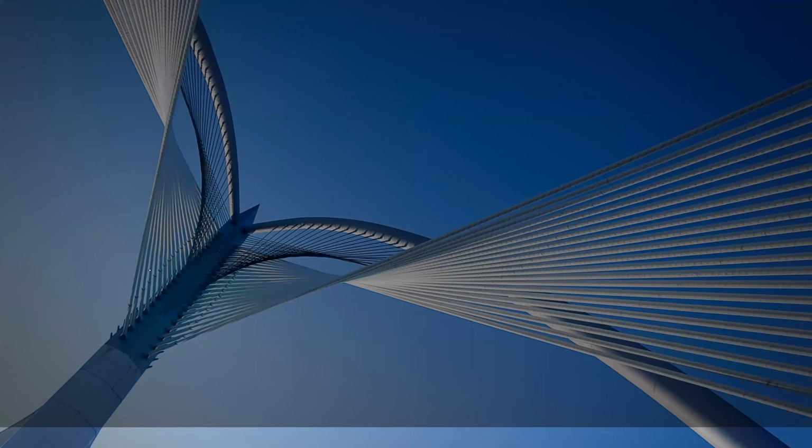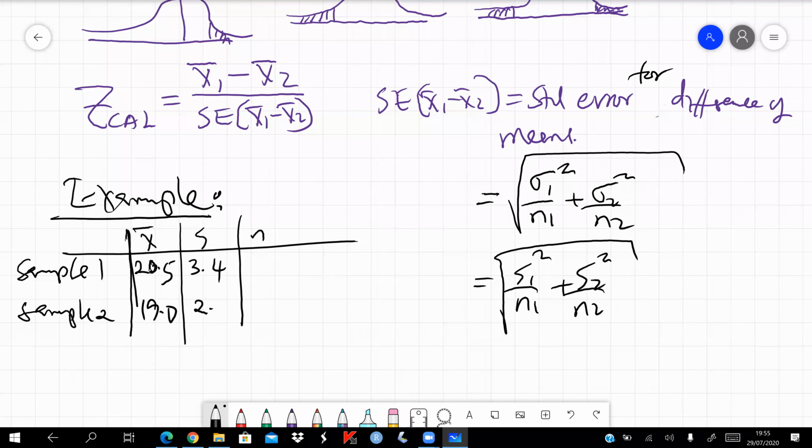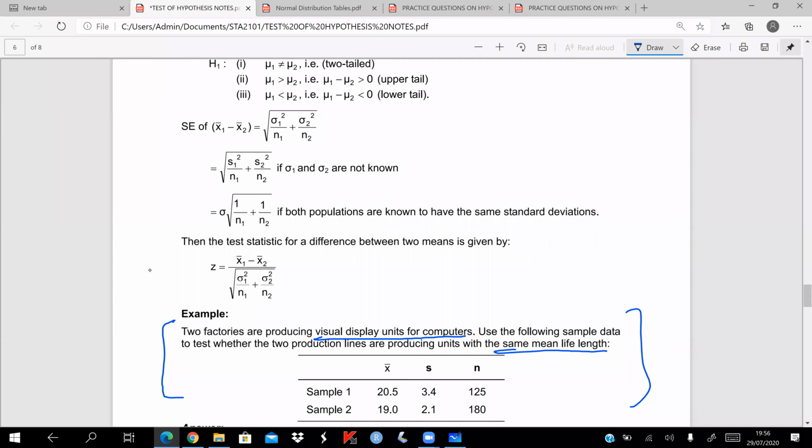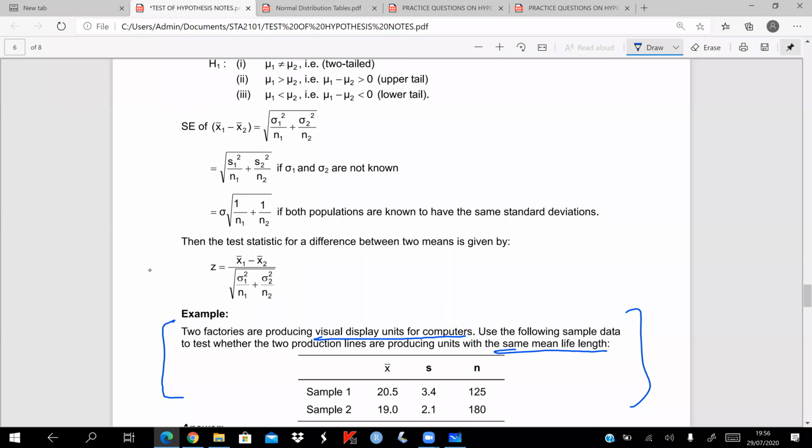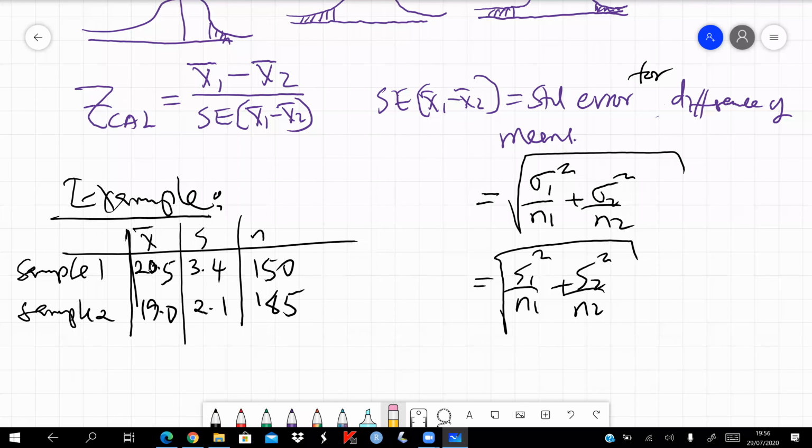The standard deviation of the first sample is 3.4. Then we have n, 125 and this is 180. That's the information we have.